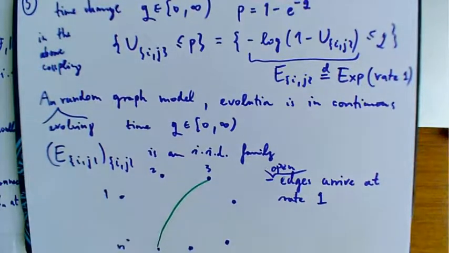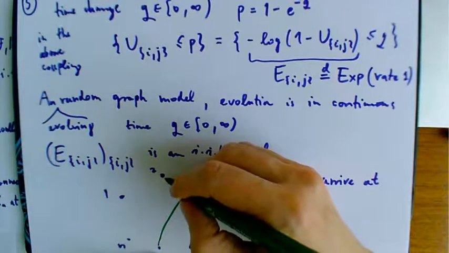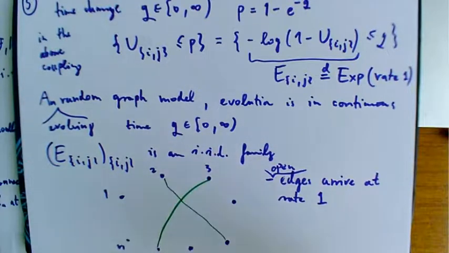Initially the time you wait for the first edge is exponential with rate n choose 2. Then you get the first edge, then you have rate n choose 2 minus 1 for the next arrival. But maybe that's not the best way to look at it. Basically any pair of different vertices has its own independent exponential.